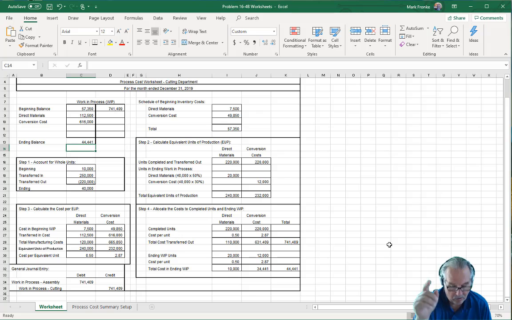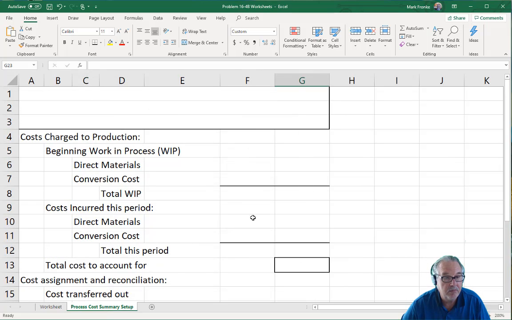So now we can prepare a process cost summary. We have everything we need on this schedule to prepare the cost summary. This is in your book. I'll leave this here so you can look at it and make sure that you have the numbers. The process cost summary is going to look like this.